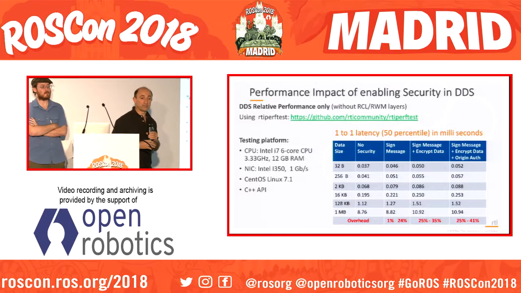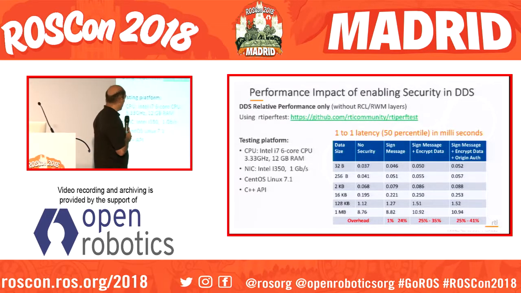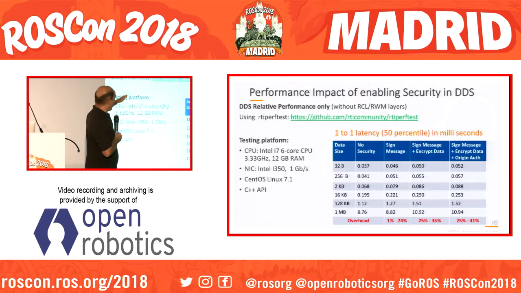So now to the numbers of what the performance looks like. I've taken some numbers here, and you can look at the presentation later in more detail. But the bottom line, I've scanned from 32 bytes to 1 megabyte, different configurations from no security, which will be the baseline, just signing the message, that's a message authentication code, encrypt the data and sign the overall message, or encrypt the data, sign the overall message, and add an origin authentication.